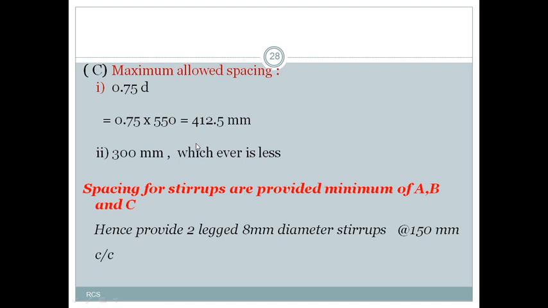So according to the first criteria, that means criteria A, we got 150 mm as spacing. Second B, that is 392 mm, and 300 mm. So among these three, the lesser value will be provided as the spacing. So the spacing of stirrups is the minimum of criteria A, B and C. Hence provide two-legged 8 mm diameter stirrups at 150 mm center to center.